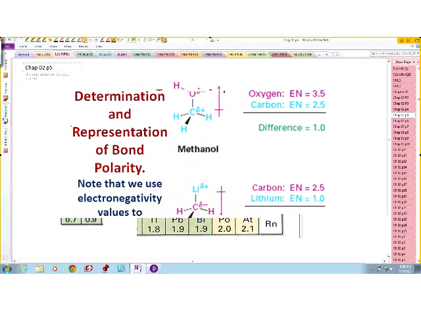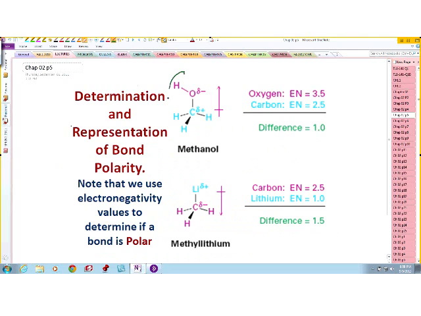Let's give you a couple of examples. Look at this molecule here. That's the molecule of methanol.